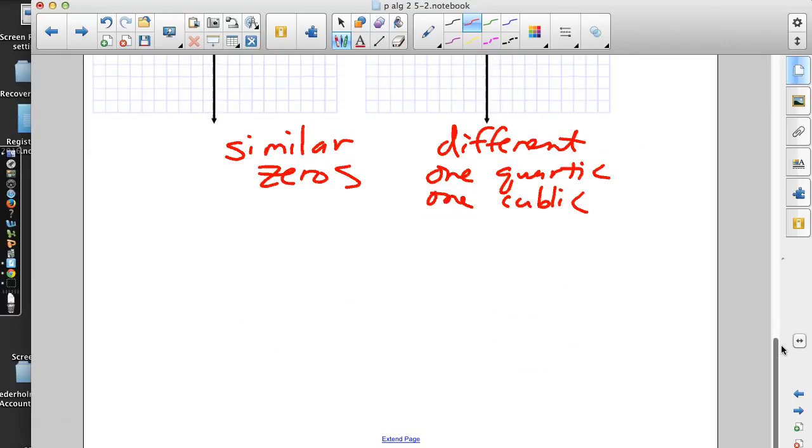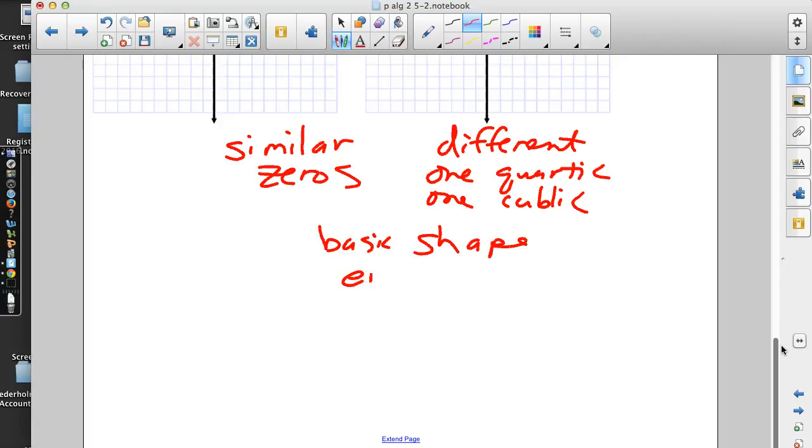So what's the big deal there? What's the change when you go from quartic to cubic? Even the shape of the graph. You see how we could be here all day doing this, because they're so different. So the basic shape is different.